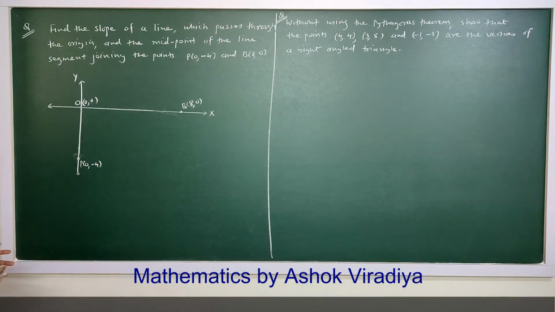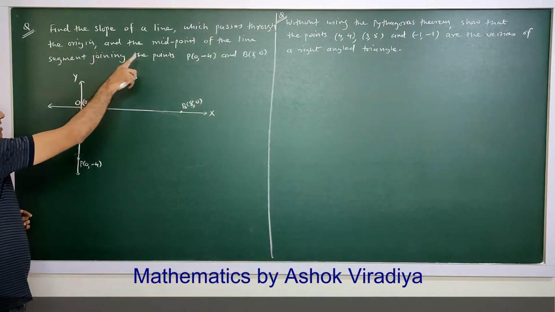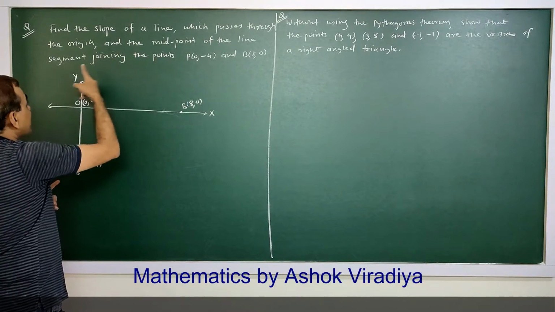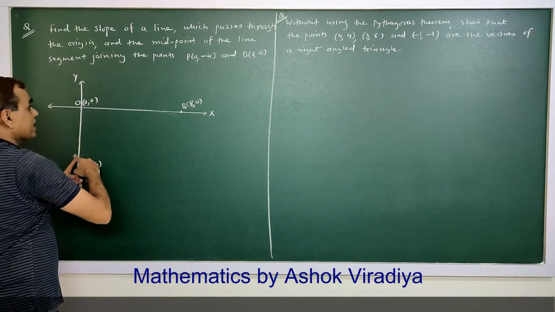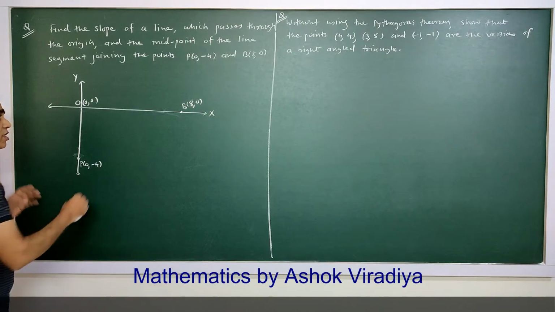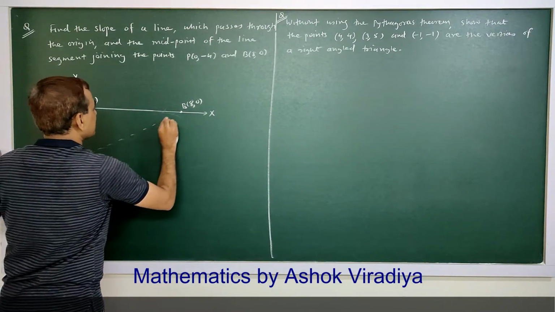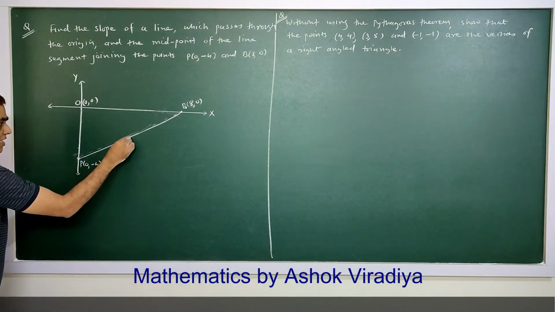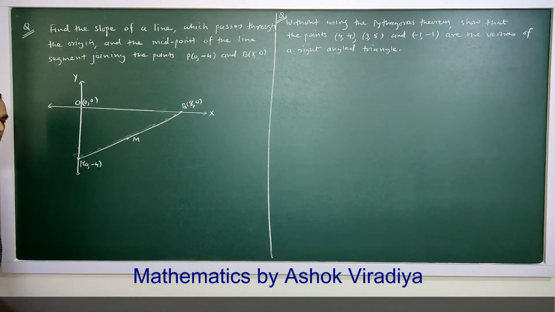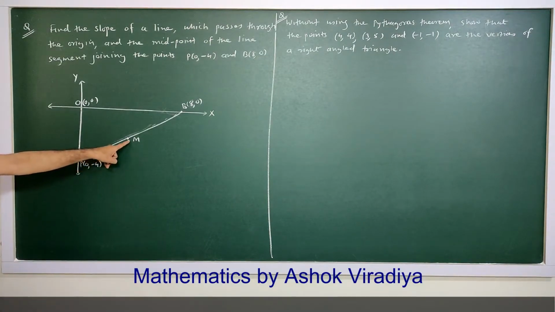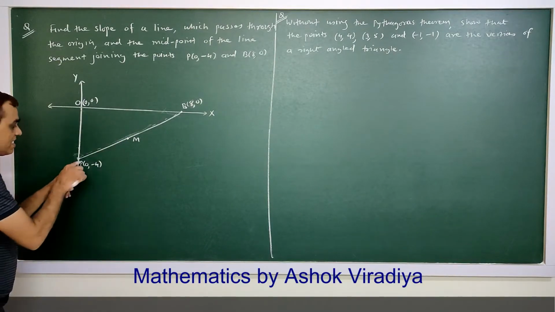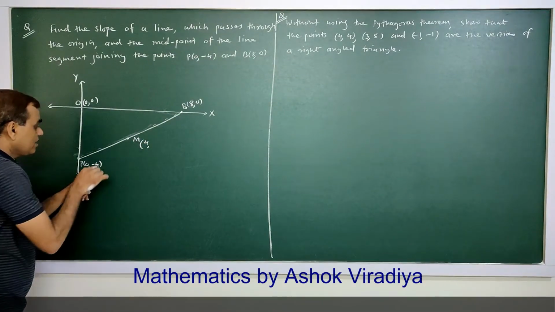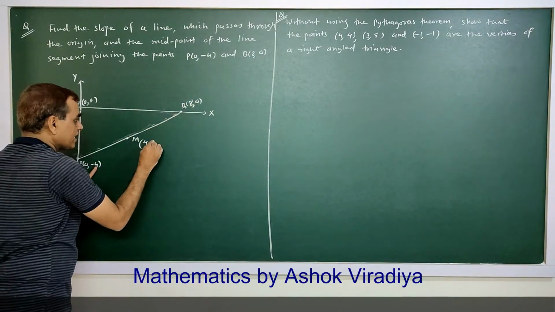Now we want the slope of the line which passes through the origin and the midpoint of the line segment joining P and B. This is the line segment joining P and B. Suppose its midpoint is M. We find the coordinates of the midpoint: (x1 plus x2) by 2, that is 4, and (y1 plus y2) by 2, that is -2.